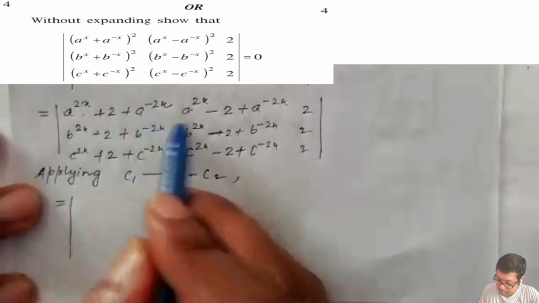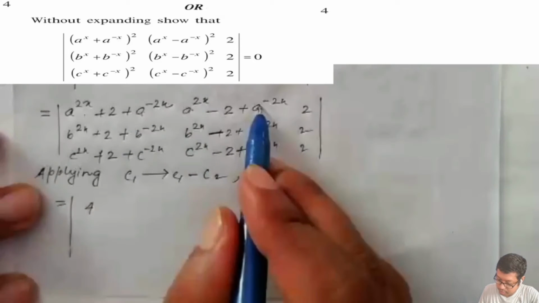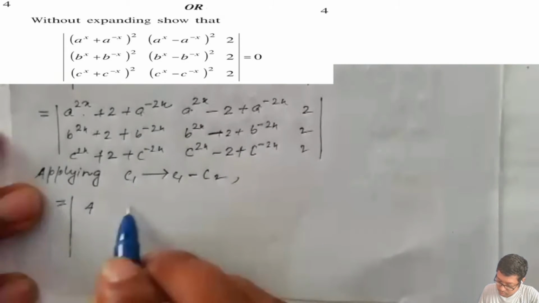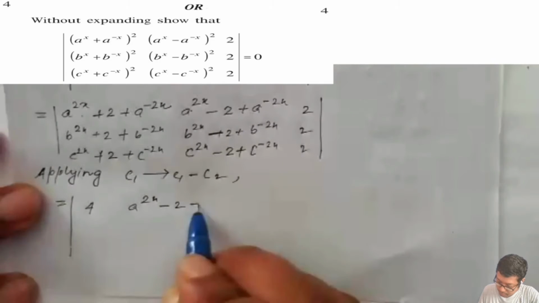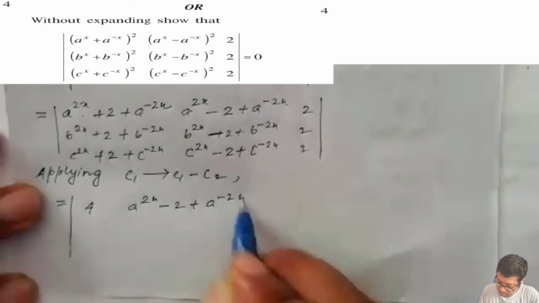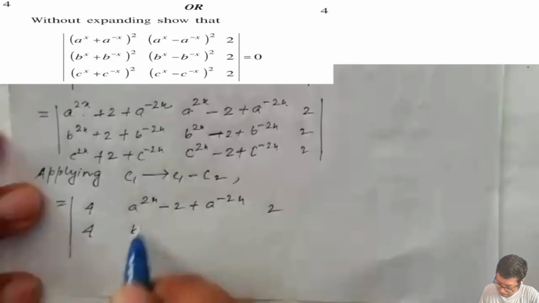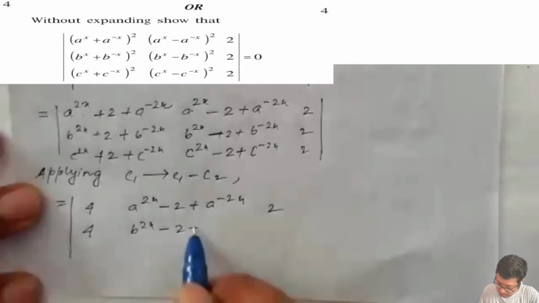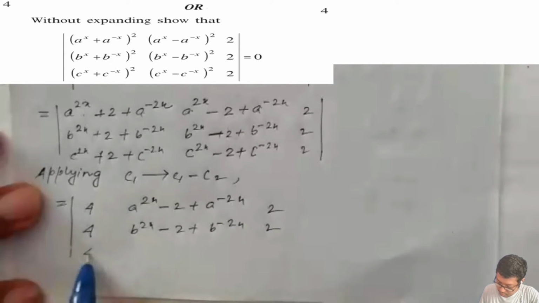This minus minus 2, it will be plus 4, and this minus this will be 0. So it will be a to the power twice x minus 2. This will also be 4.